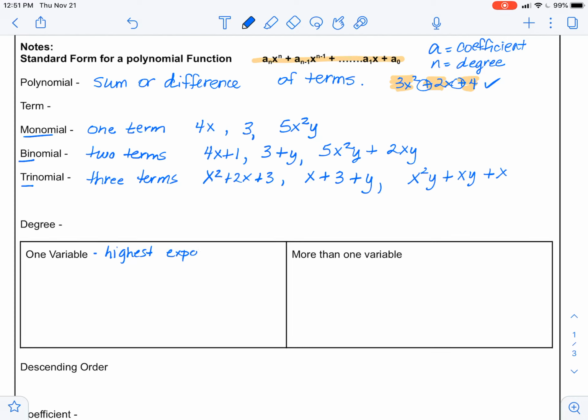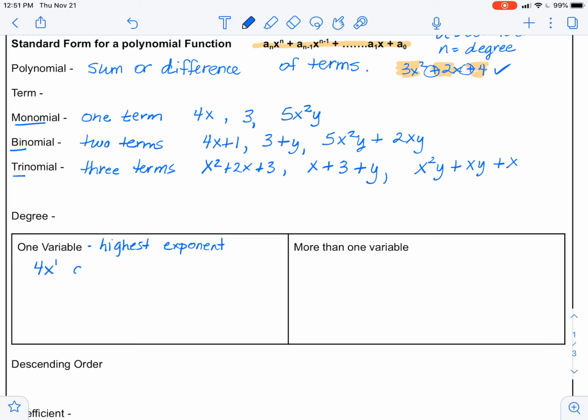An example would be like the problems that I gave you earlier. If I had 4x, then that exponent is understood to be a 1, so this would be of degree 1.